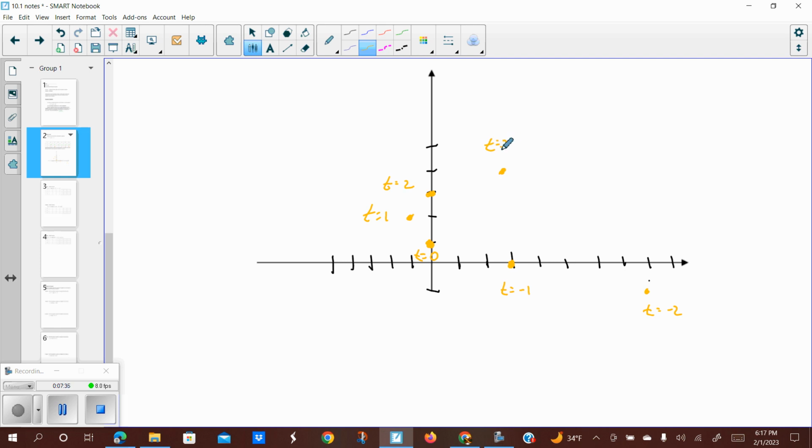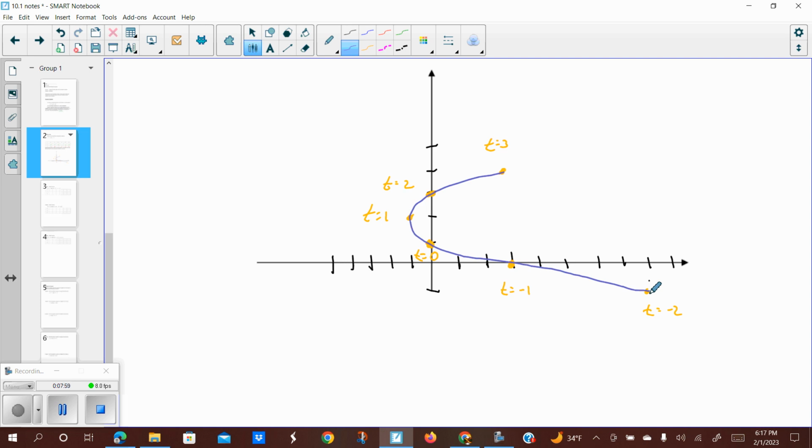So now if you just connect that using a nice little smooth curve here, our function looks something like this. And if you listen carefully to what I just said, I said our function looks something like this. What we have here in standard x and y would not be a function.